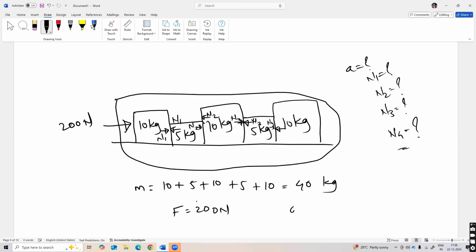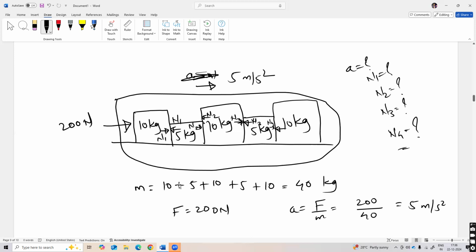Therefore acceleration is force upon mass, which is 200 upon 40, equal to 5 meter per second square. So the whole system is moving with acceleration 5 meter per second square.